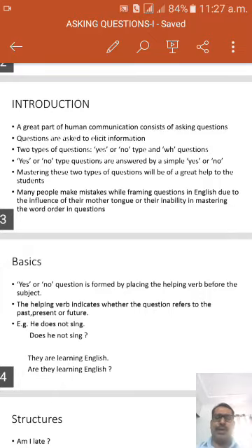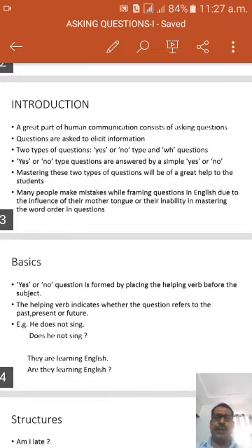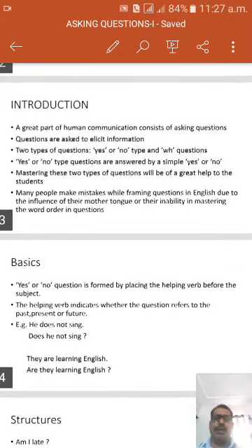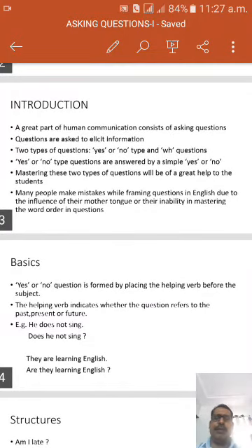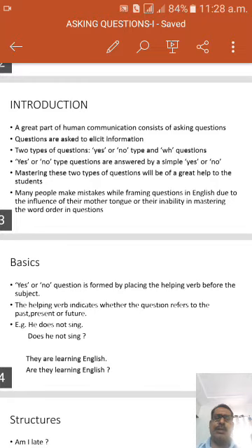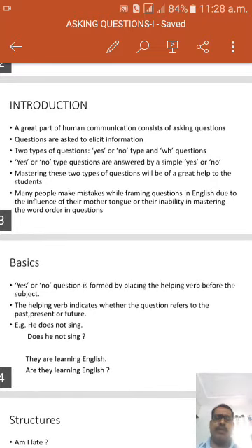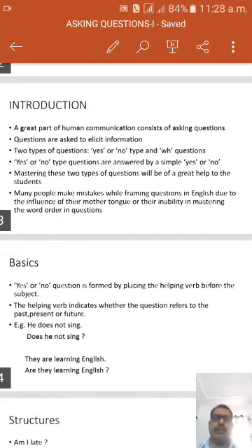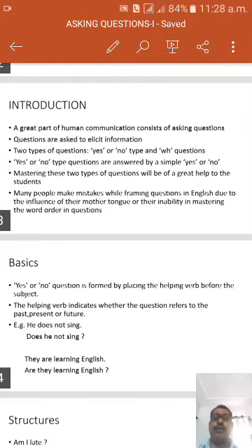In communication, generally in communication, we ask questions and we elicit information, we seek information, we get information by asking questions. So, a greater part of human communication consists of asking questions.